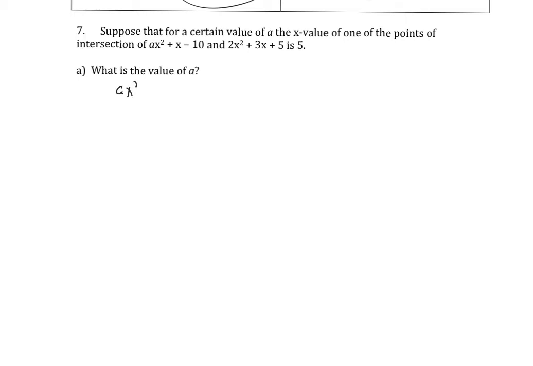We say ax squared plus x minus 10 minus 2x squared plus 3x plus 5. So we end up with a minus 2 times x squared minus 2x and then minus 15.